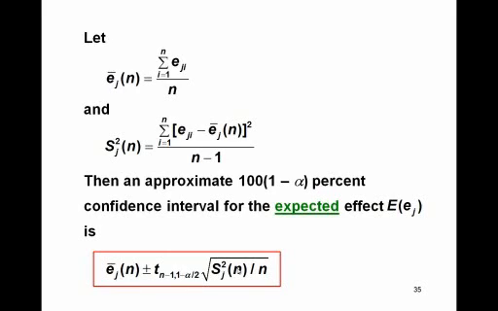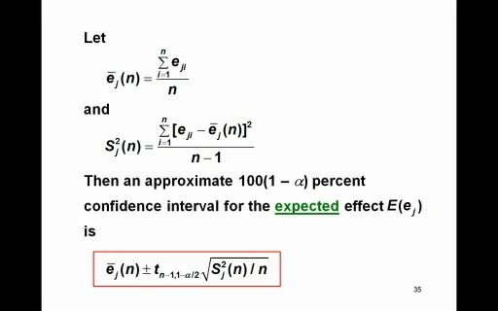If we look at our confidence interval formula here, the center of the confidence interval is the sample mean. This thing right here is called the half-length of the confidence interval. You see right here the sample variance divided by n. That's actually an unbiased estimator of the variance of that sample mean. We take the square root of that, which is called the standard error of the sample mean.